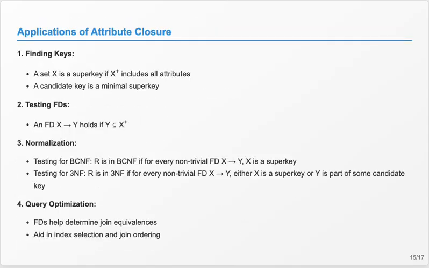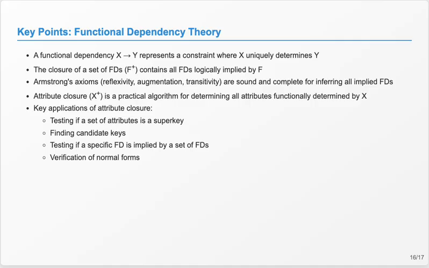So attribute closure, as we can see, is very useful in finding keys, and it is very useful for testing functional dependencies. And we'll also talk about its role in normalization as well as query optimization. So let's recap. Functional dependency means that X uniquely determines Y, and the closure of a set of functional dependencies includes all of the functional dependencies that can be derived using Armstrong's axioms, which are sound and complete.